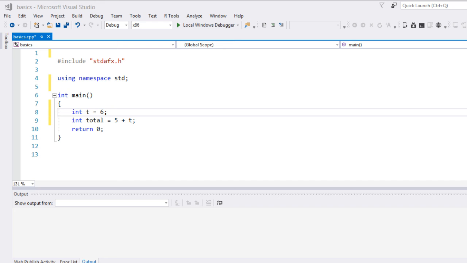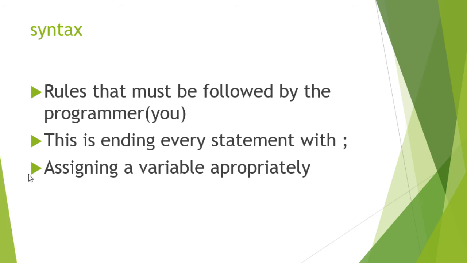So syntax, as I've stated before, are rules that must be followed by every programmer that is basically using C++. Some examples of syntax that you have to follow is not being able to use reserved words as object names.